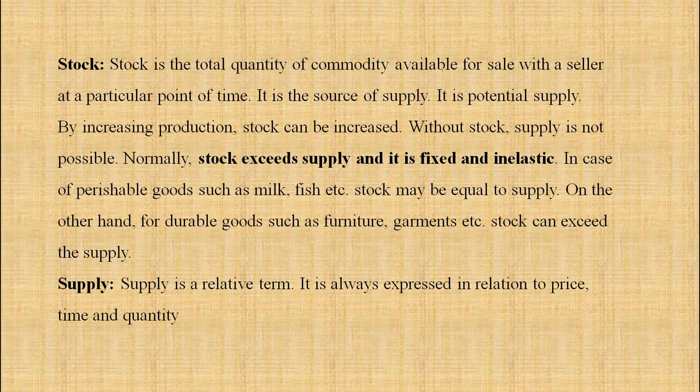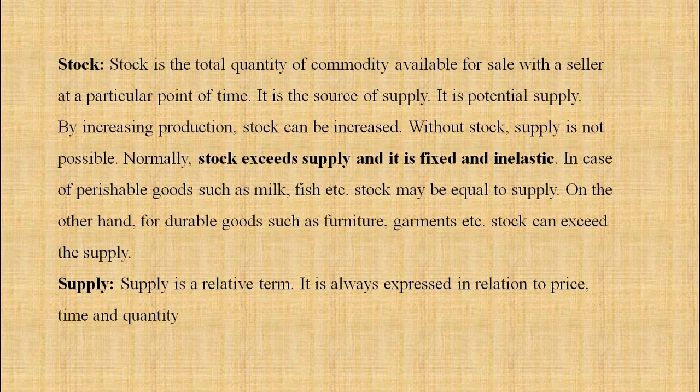In the case of perishable goods such as milk and fish, stock may be equal to supply, because they have to finish the stock immediately, as perishable goods are items which can get destroyed very fast. So whatever stock is there has to be converted into supply.